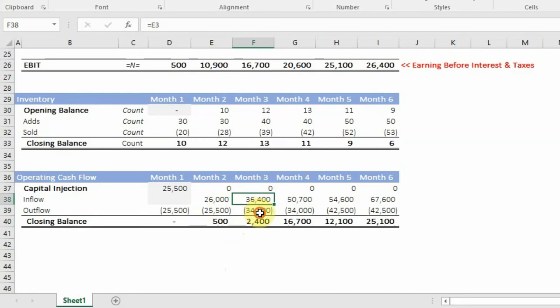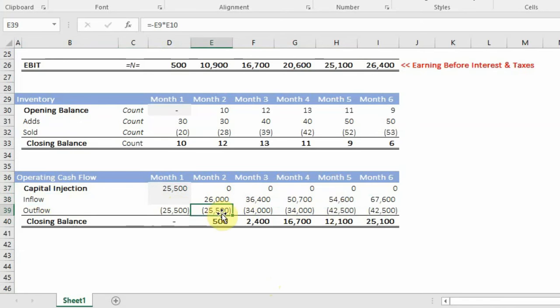You want to buy more T-shirts in this other period, and that's because you now have a revenue of about 36,000, so you can give out 34,000 with that remaining on there.